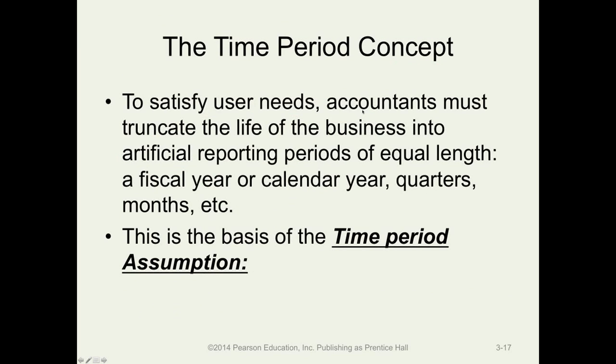So to satisfy user needs, we have to use the time period assumption to artificially truncate the life of the business into artificial periods of time of equal length: months, quarters, years. This is the application of the time period assumption.